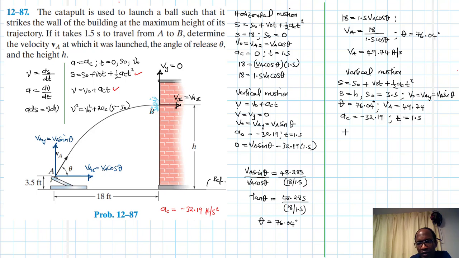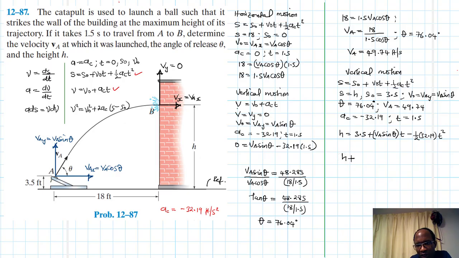Therefore H is just going to be equal to 3.5 plus VA sine theta times T minus half 32.19 times T squared.